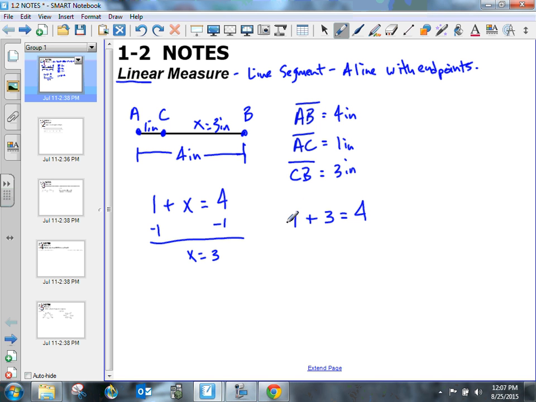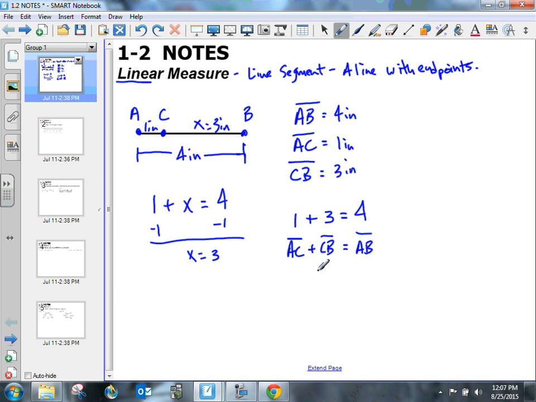Let me replace 1 with the segment that we called it, AC. So if I take segment length AC and add it to some segment that's 3 inches, instead of writing 3 inches, I'm going to write CB. Then the segment that's 4 inches, we called that segment AB.